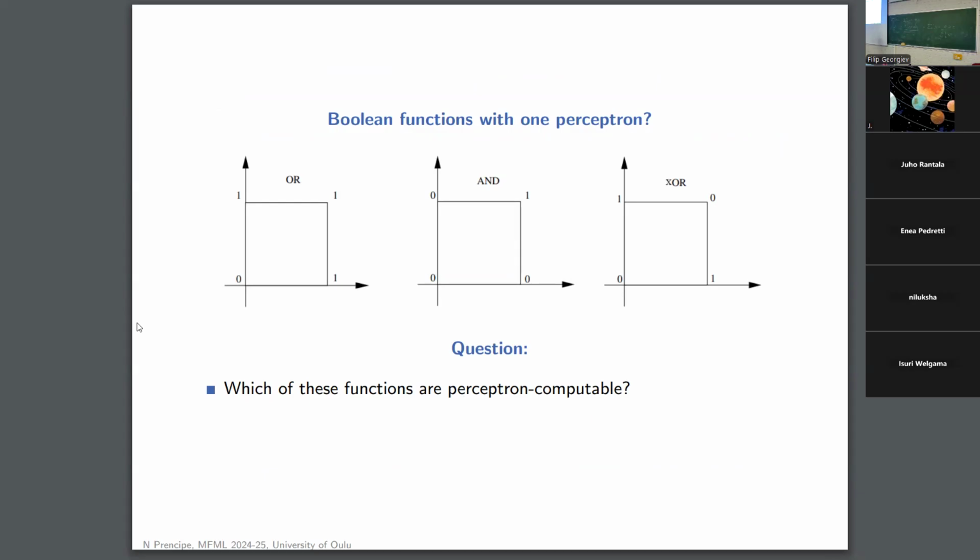The input space, I said, would be R. But in this case, since we want to compute Boolean functions, the domain is still {0,1} to the power of n. So x belongs to {0,1}^n, because the functions that I want to compute are Boolean functions.